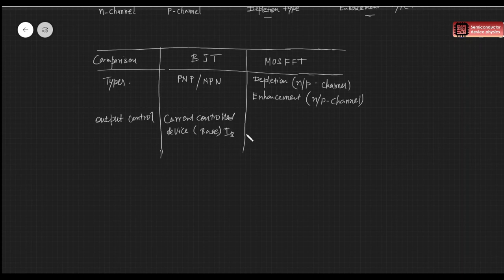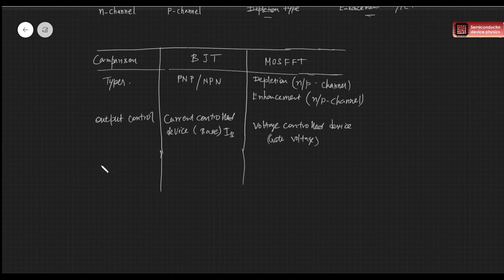And in the case of MOSFET, it is a voltage control device, and here we basically control the gate voltage. We'll come to the device structure, then we'll understand even better.